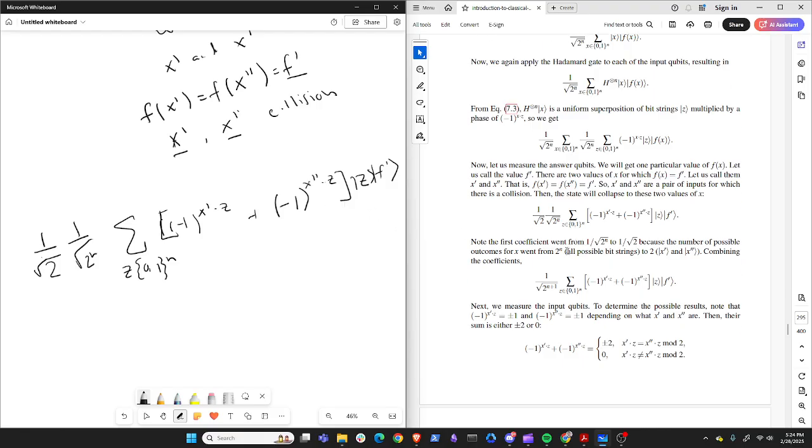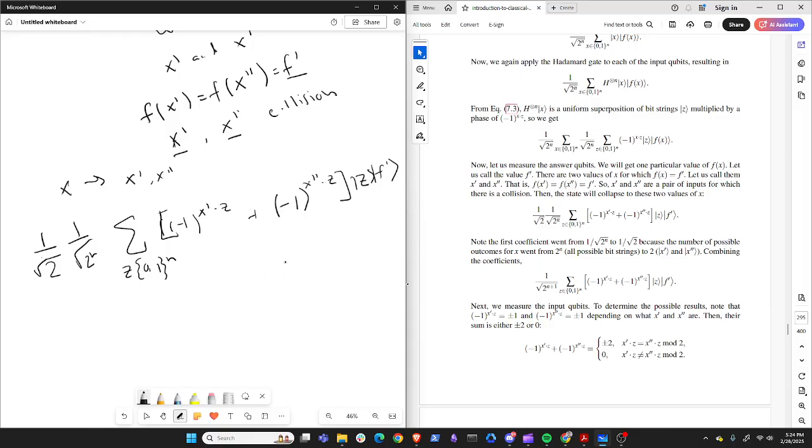So this went from 2 to the n down to 1 over square root of 2, because the number of possible outcomes for x has gone from all x's to just two examples, x prime and x double prime. So from 2 to the n to 2.